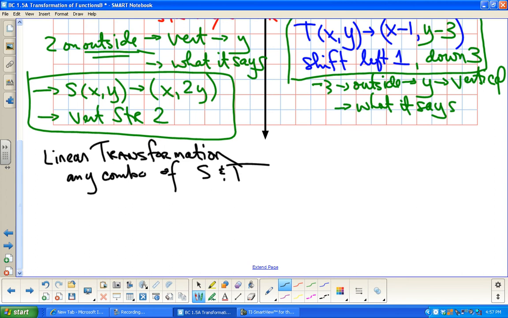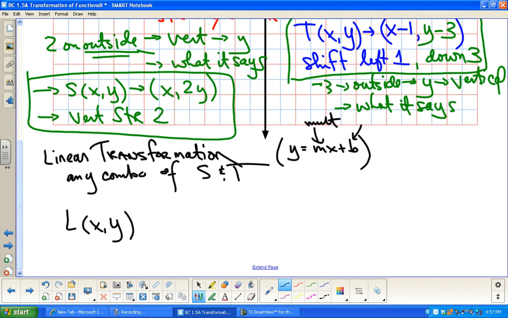Well, this was a combination of scale change and translation. The reason it's called linear is because it's like y equals mx plus b. The m is the multiplication, and the b is the addition or subtraction.